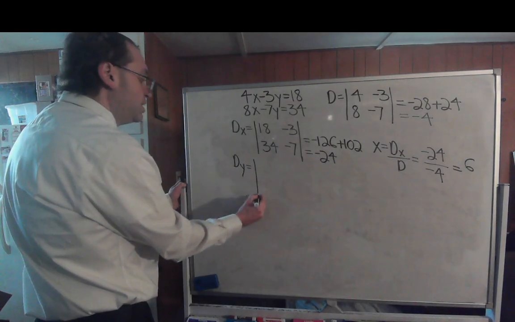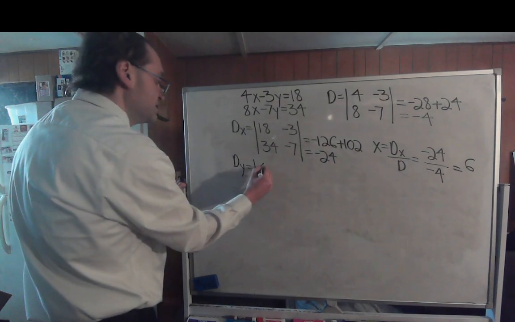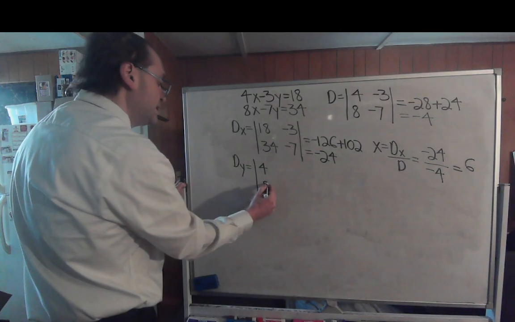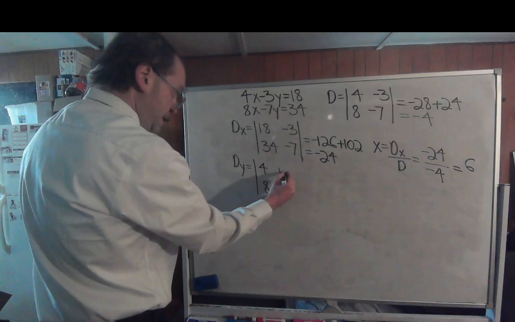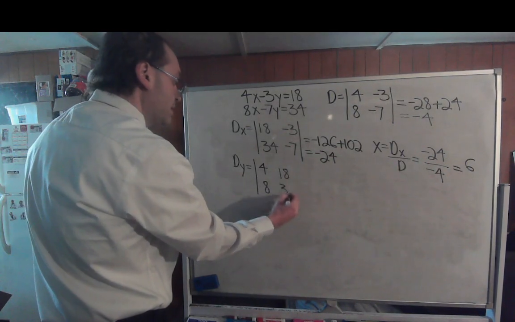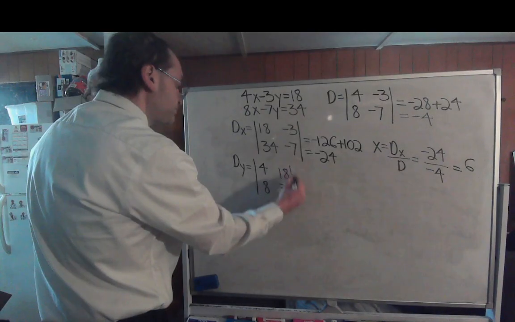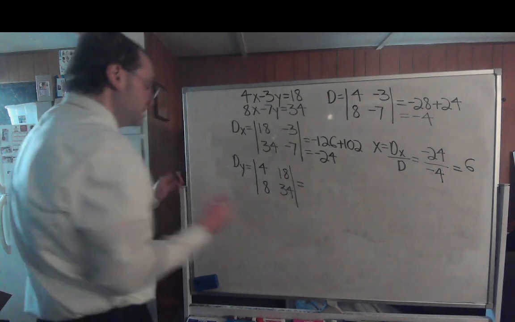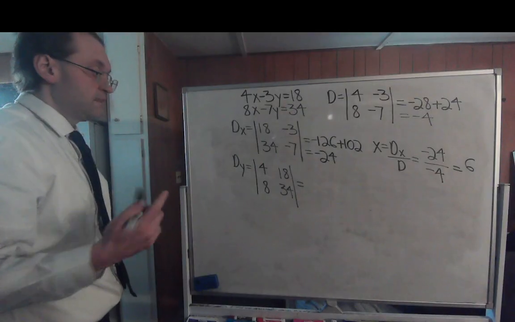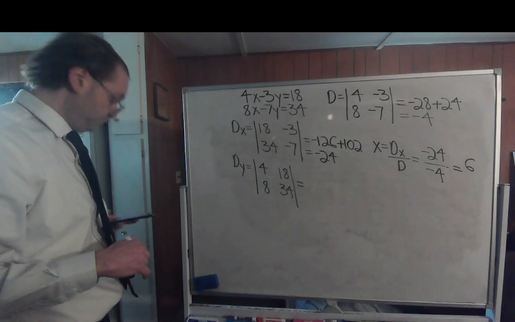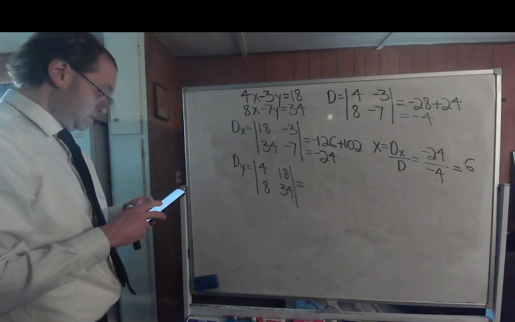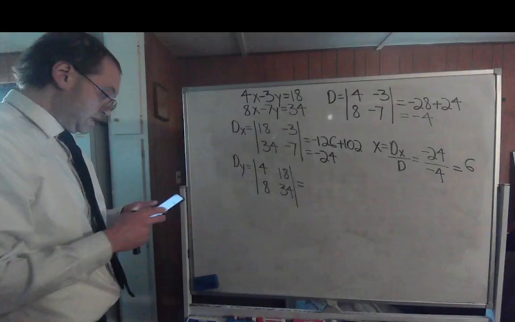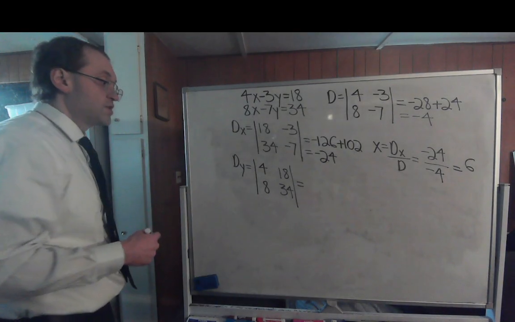Now let's figure out D sub y in order to get y. So for D sub y, you'll keep your x coefficients the same, so you'll have 4 and 8. But for your y coefficients, you'll replace those with the 18 and 34. All right. So let's figure out 4 times 34 first. That would be 136.